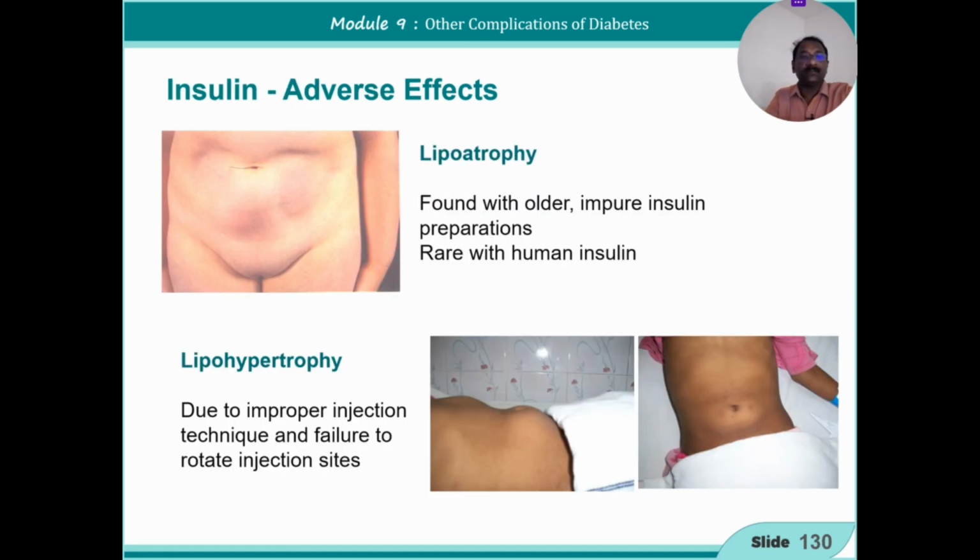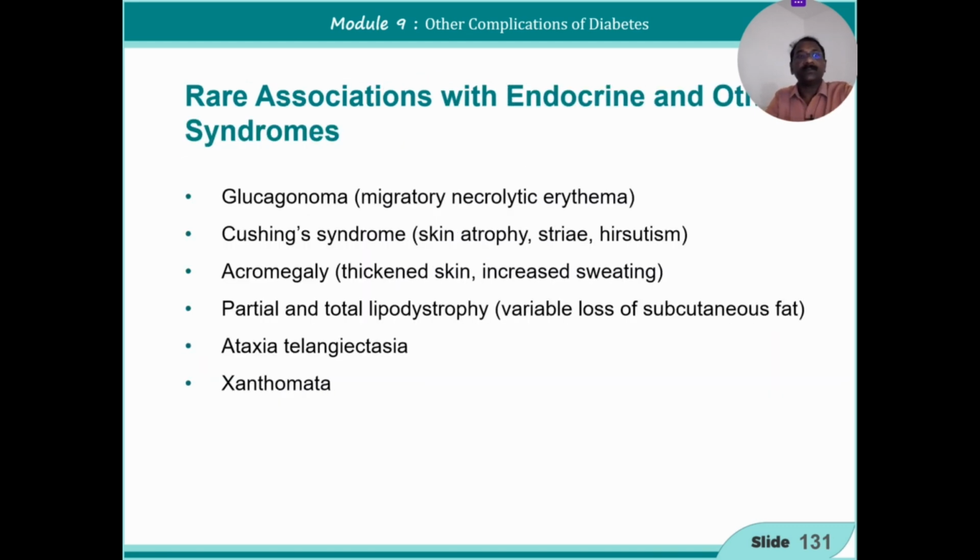See the lipoatrophy, lipohypertrophy: old or impure insulin preparations, now rare with human insulins, due to improper injection technique and failure to rotate the injection sites. Some people take the injection at the same site every day, so that leads to hypertrophy.